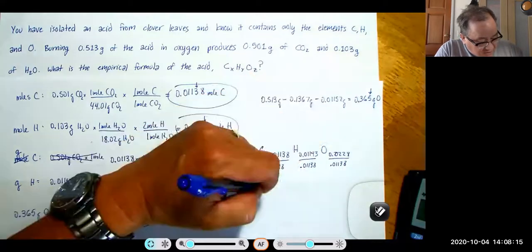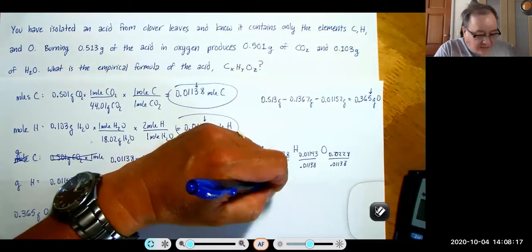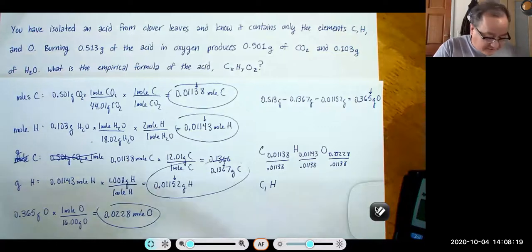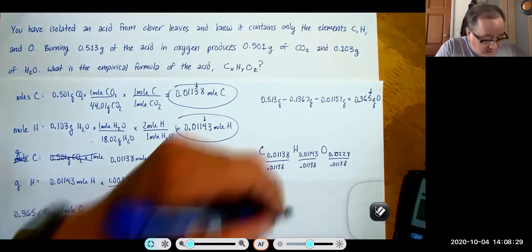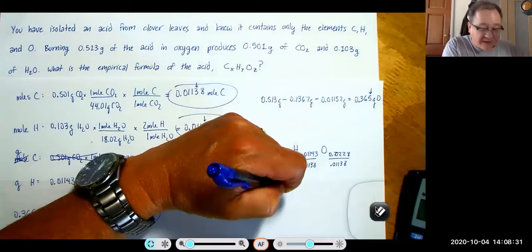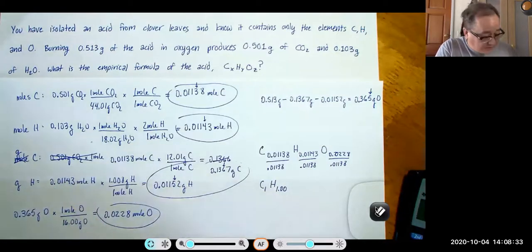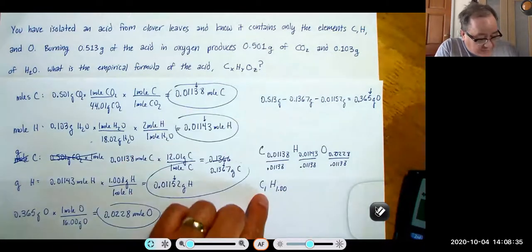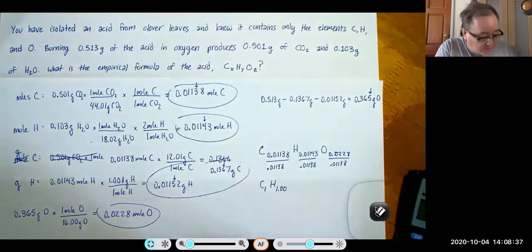We can see that carbon is going to end up being 1. Hydrogen, if we look at the significant figures, is 0.01143 divided by 0.01138, and we get 1.00. I'm going to round to 3 sig figs because that's where it should be. This is exactly 1 because that divided by that is exactly 1.